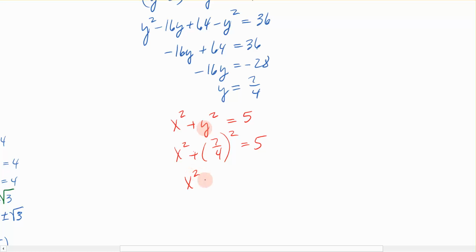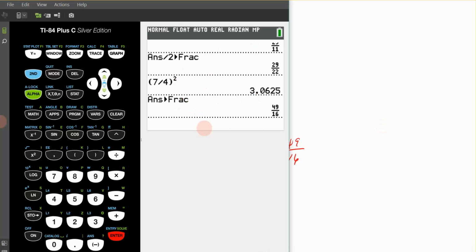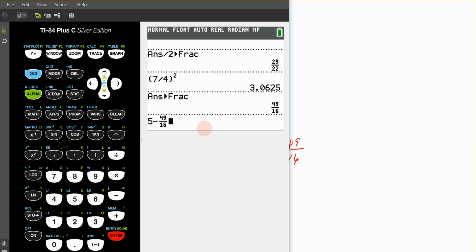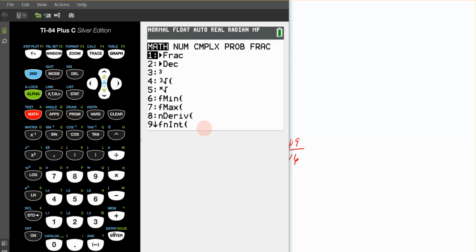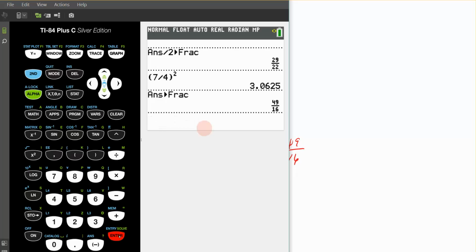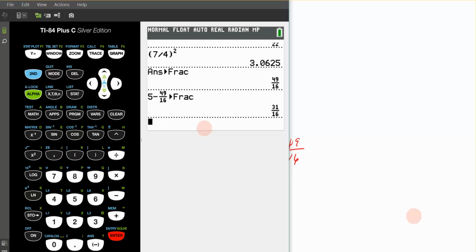So I have x squared plus 49/16, which I could have totally done in my head, and I'm going to now subtract it from 5. So I do that on my calculator as well. I'm going to say 5 minus the previous answer, and I want the exact answer, so I'm going to leave it as a fraction, and I find out that it's 31/16.